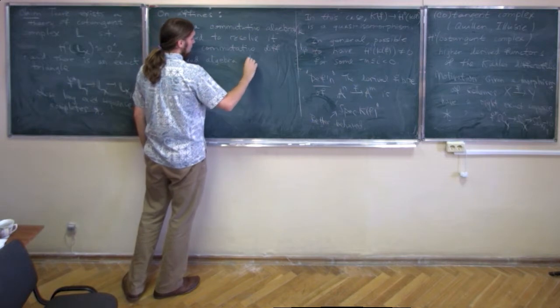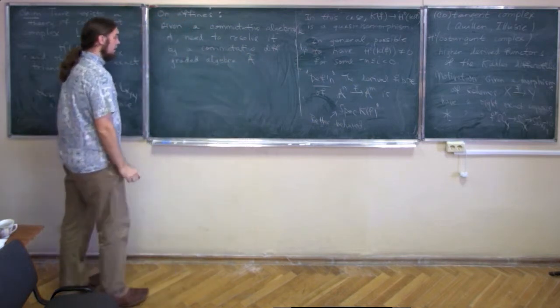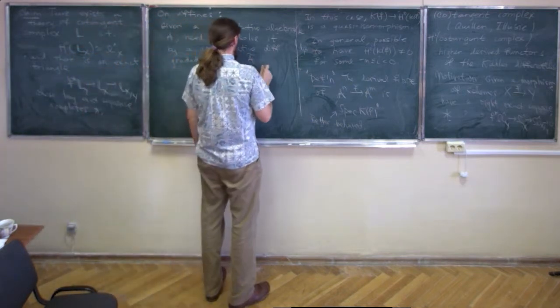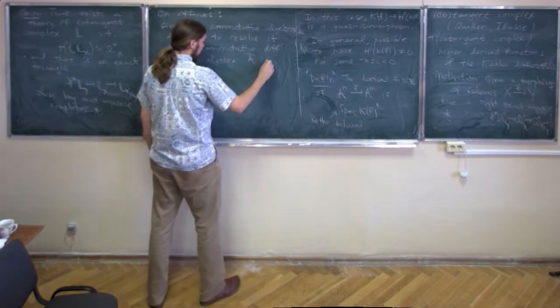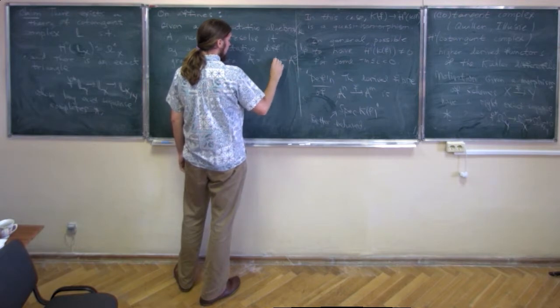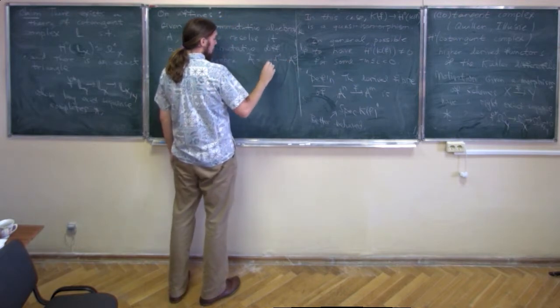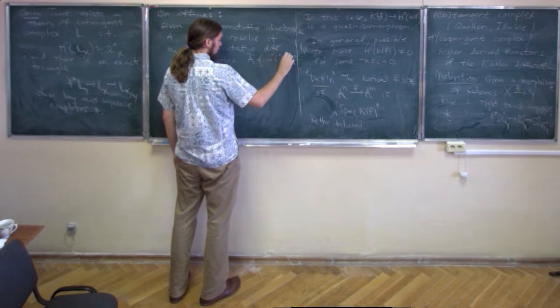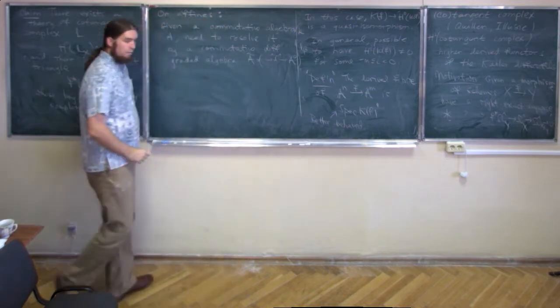I'm going to call it A tilde. My convention is that my commutative differential graded algebras are cohomologically graded and bounded above at 0.